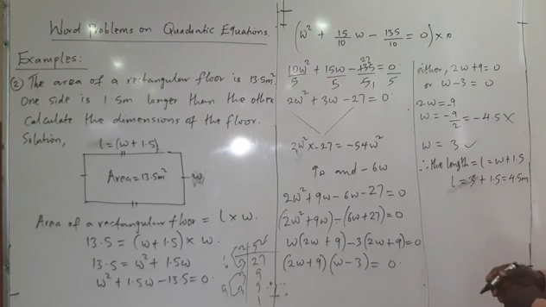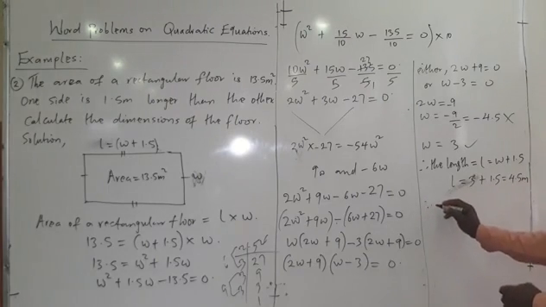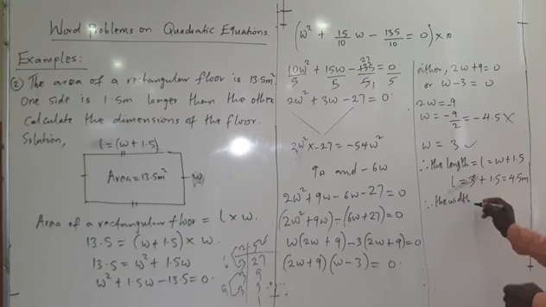So the second value, which is the width, we can now say the width is 3. That's W, which is 3 meters.